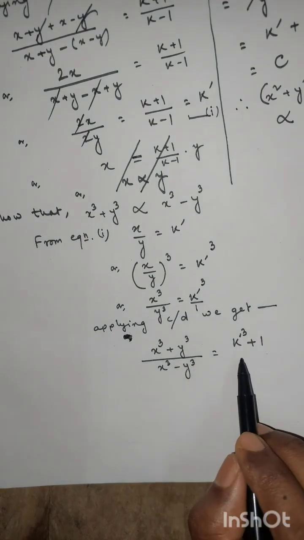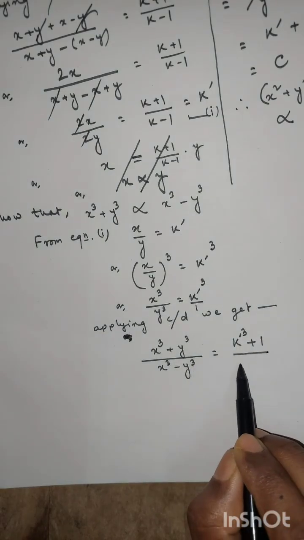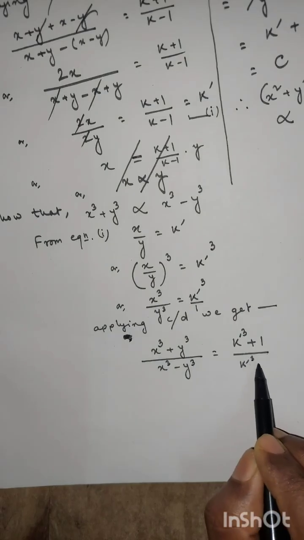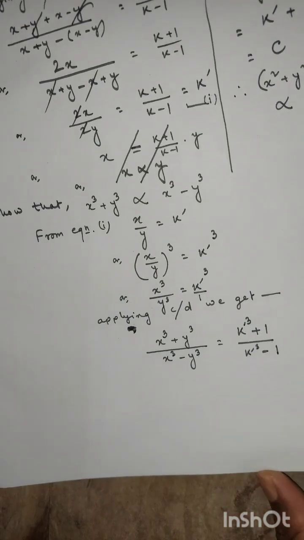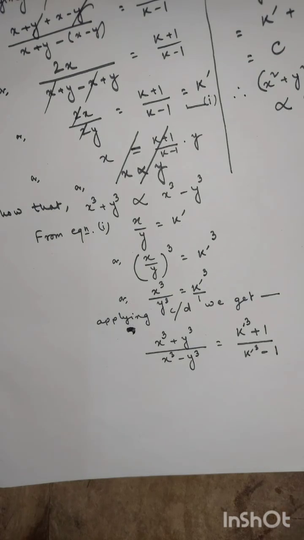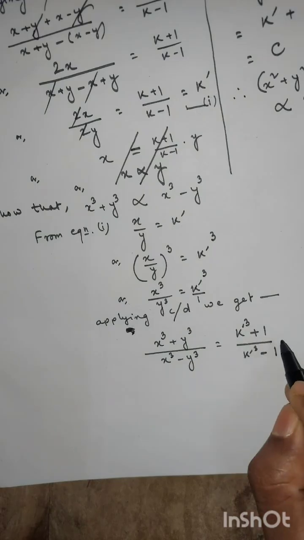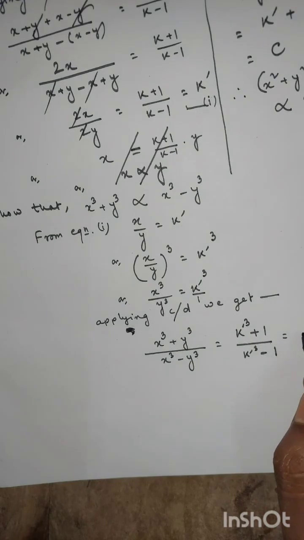So numerator plus denominator, numerator minus denominator. So this is a new constant. Let us say it is C1.